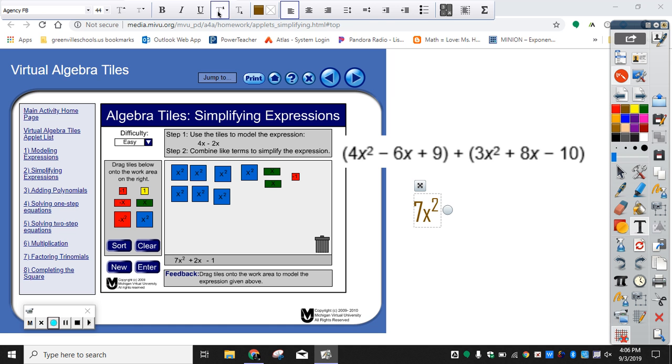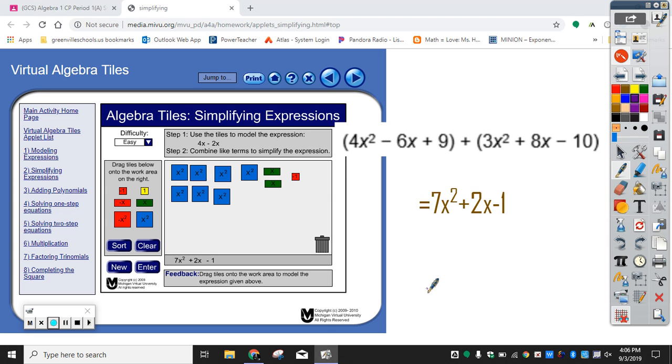And then I have 2 positive x's, so plus 2x. And then I have 1 negative 1, so minus 1. So this polynomial addition problem simplifies to just 7x squared plus 2x minus 1. That is how you would add polynomials using algebra tiles.